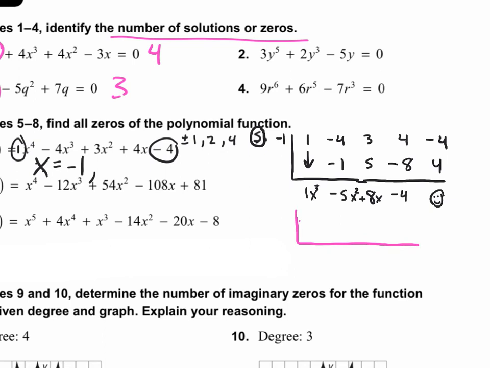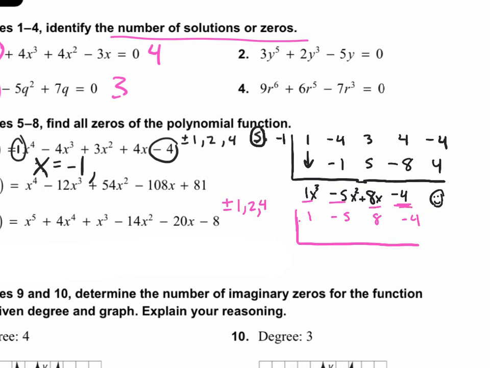So what are our factors of 4? 1, 2, and 4. So what's going to go inside of our box now? We take all of our coefficients of our new thing here.